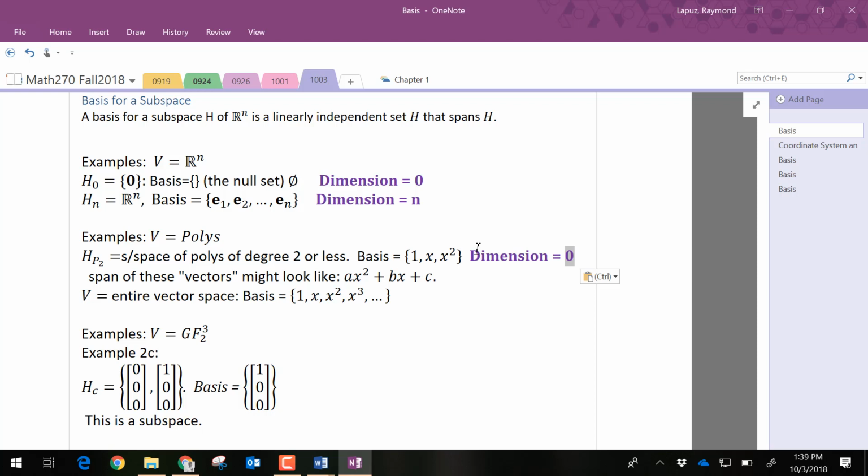All right, so the space of polynomials of degree 2 or less is a three-dimensional vector space, vector subspace. And this one we already mentioned.